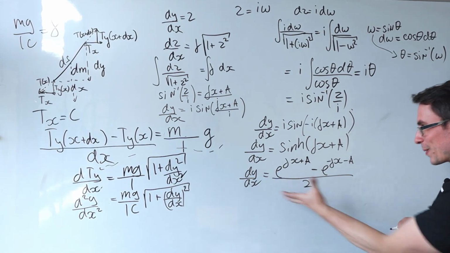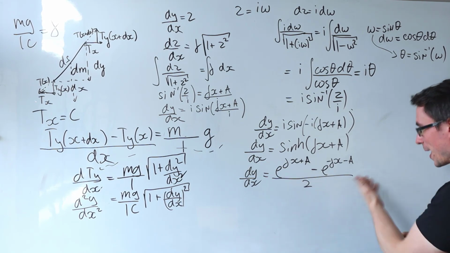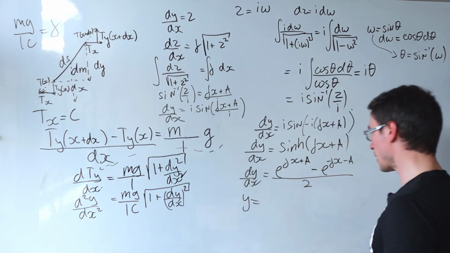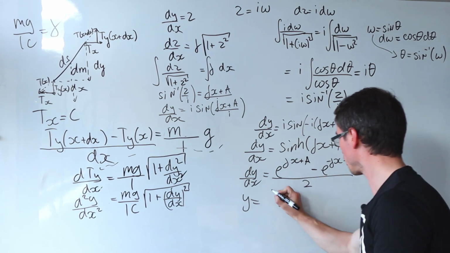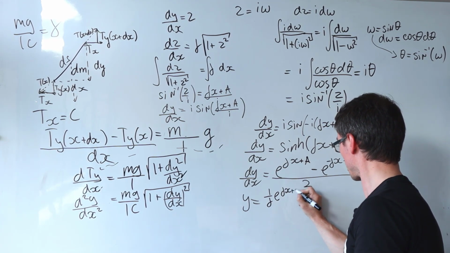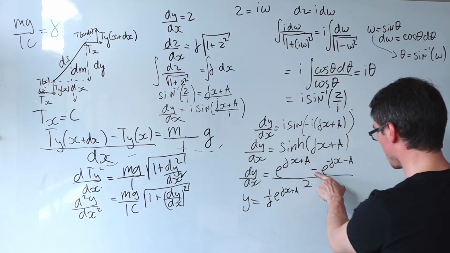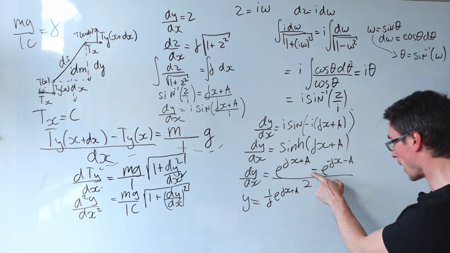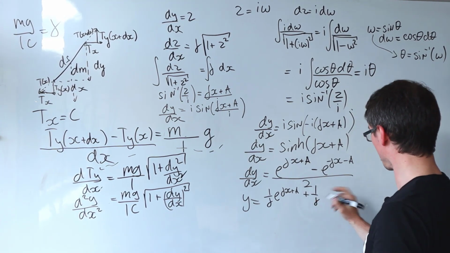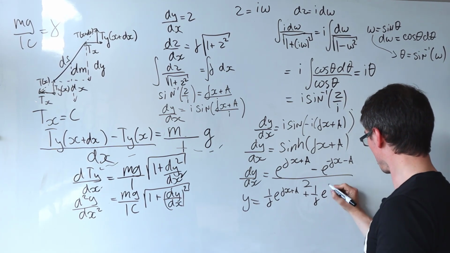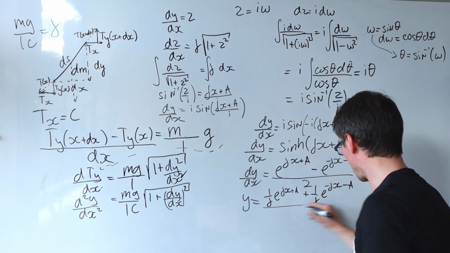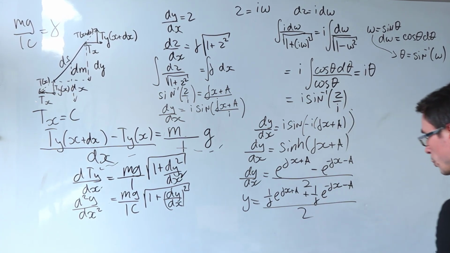Now we're ready to integrate this with respect to x, and it's actually quite an easy integral. So what are we going to get? Integrating this is not so bad. We're going to get a factor of 1 over gamma e to the gamma x plus a, and then take away a factor of minus 1 over gamma, which will turn this into a plus 1 over gamma e to the minus gamma x take away a, divided by 2.